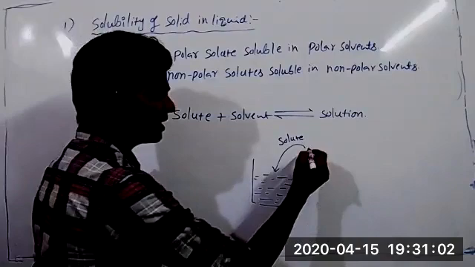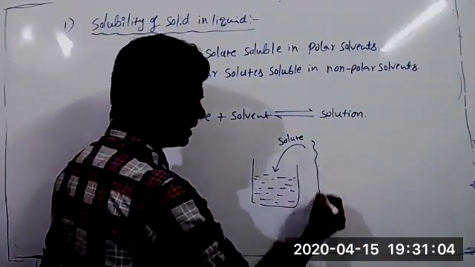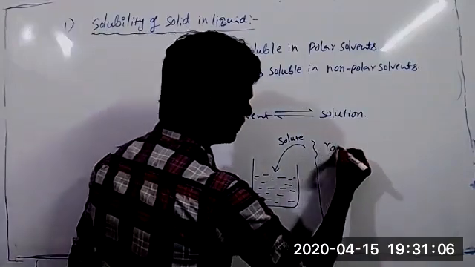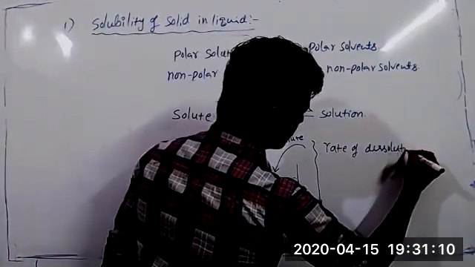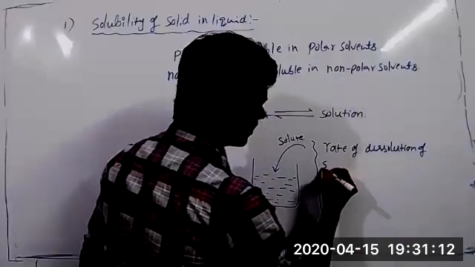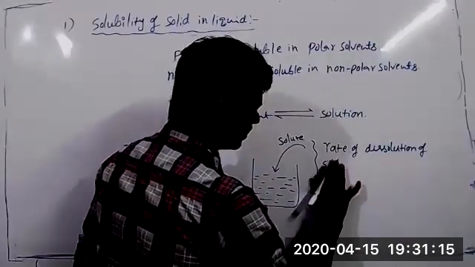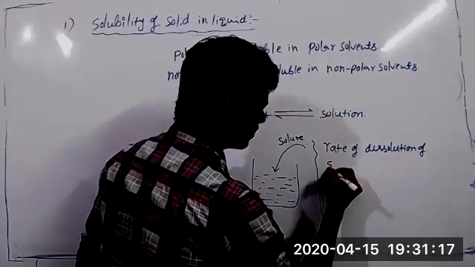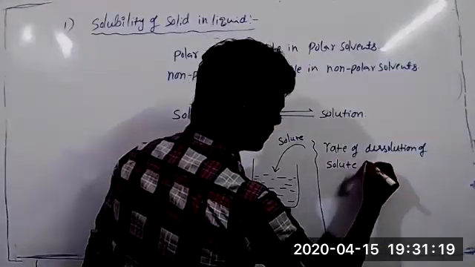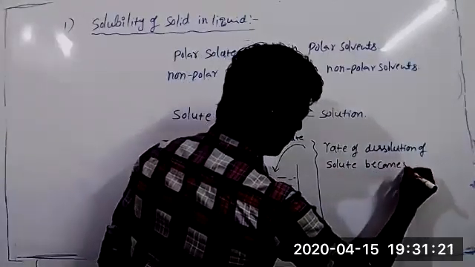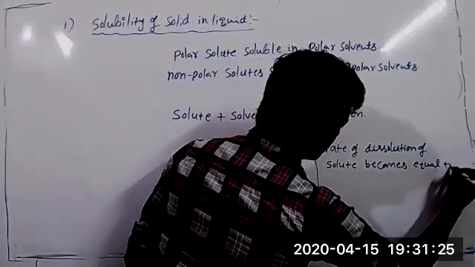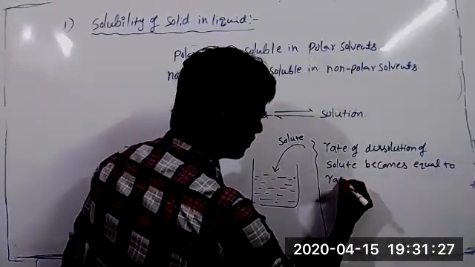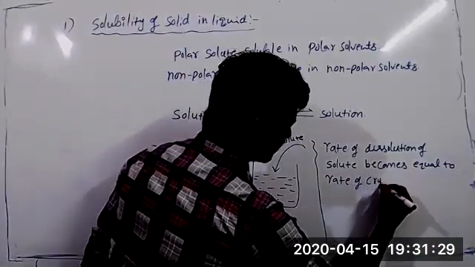Already we studied this in the equilibrium chapter in 11th standard. Here the rate of dissolution of solid solute becomes equal to the rate of crystallization.